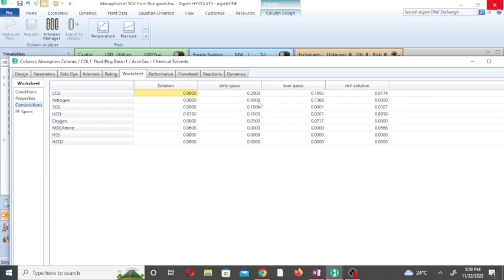So how much SO2 is removed? It is 0.1500 minus 0.0001 divided by 0.1500 multiplied by 100. So it is about 93%.